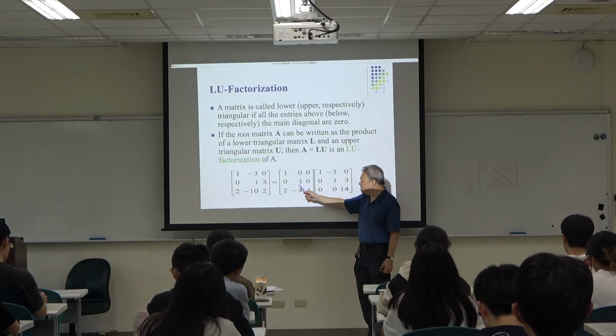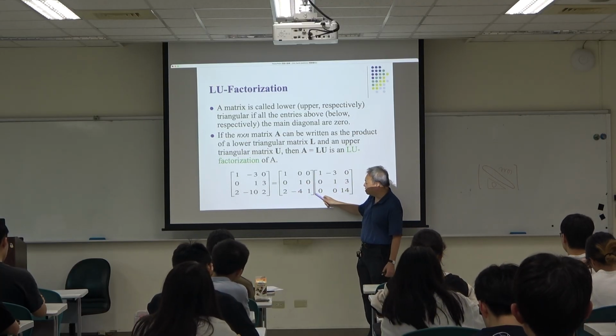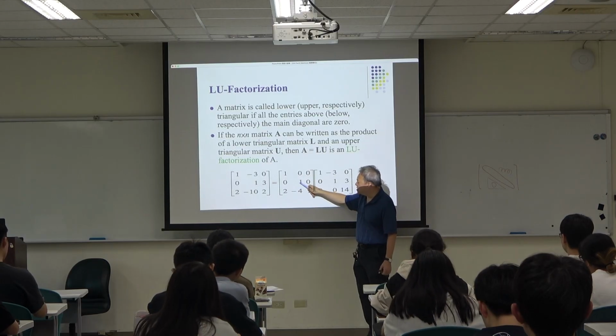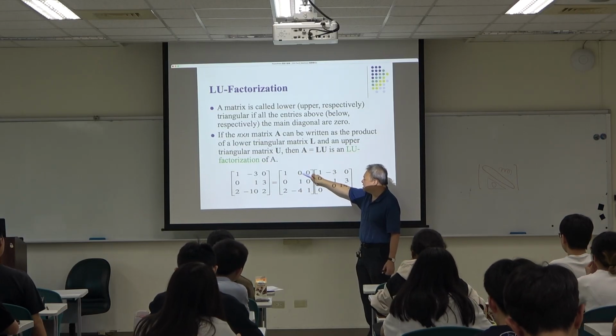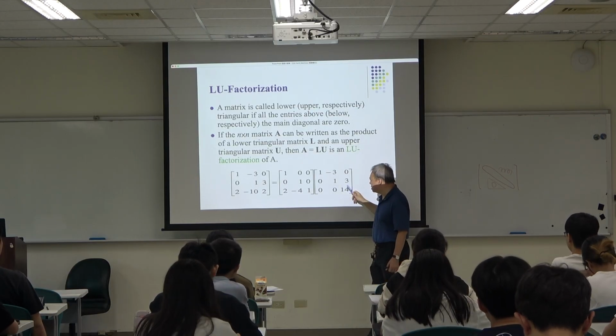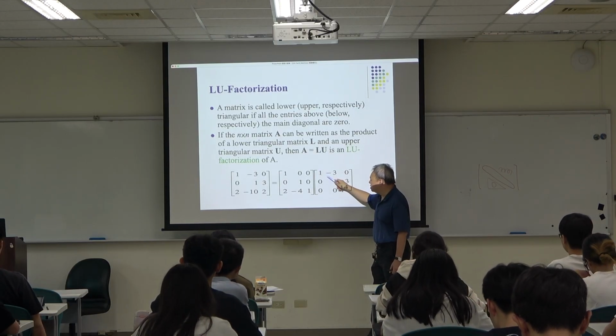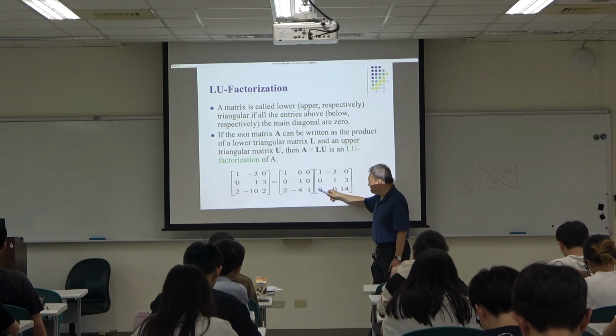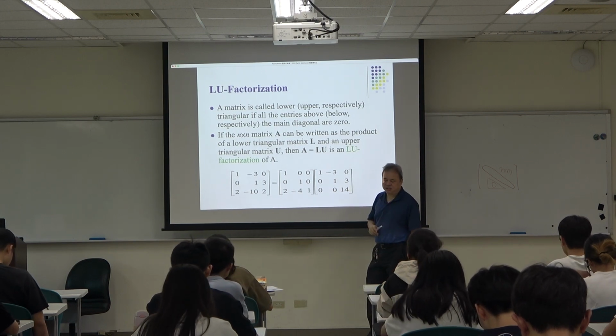This one is a lower triangular matrix, as I said, all the elements above the diagonal are 0. And this is the upper triangular matrix, all the elements below the diagonal are 0.